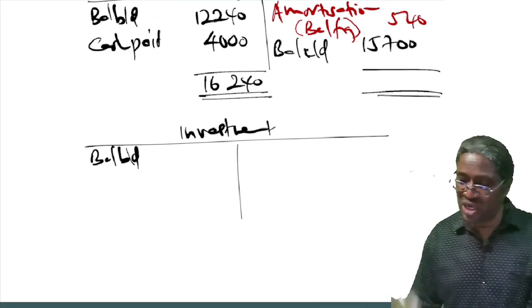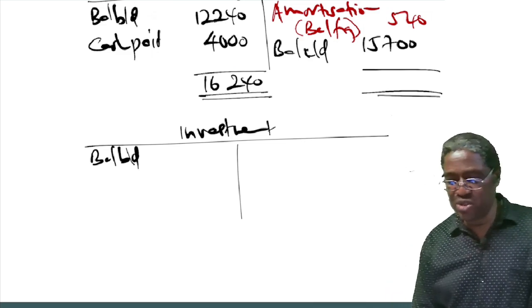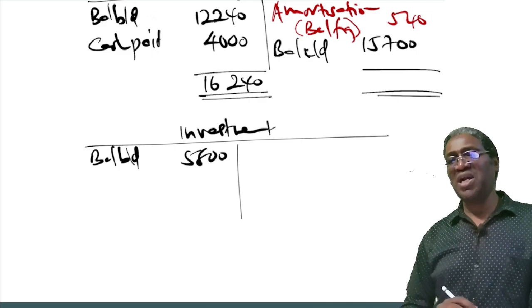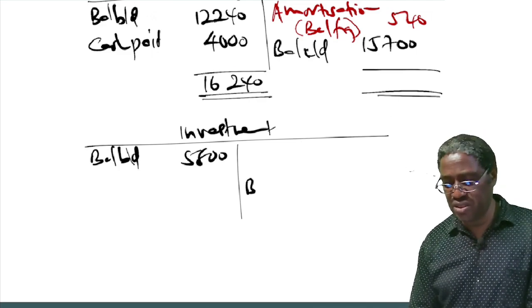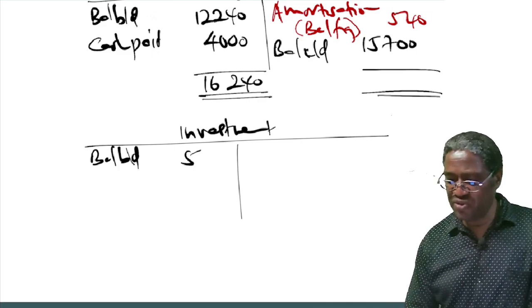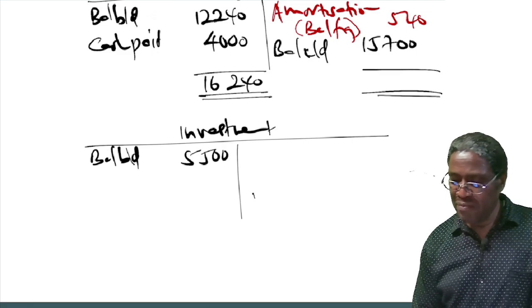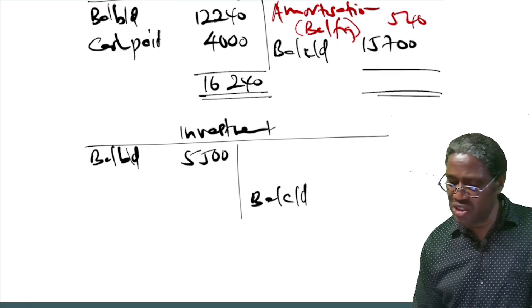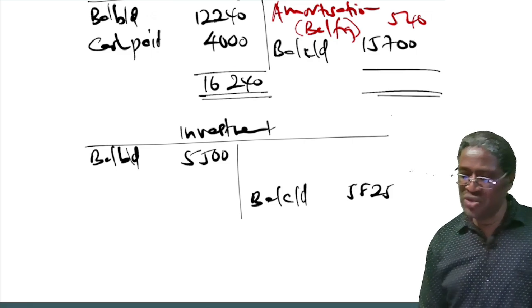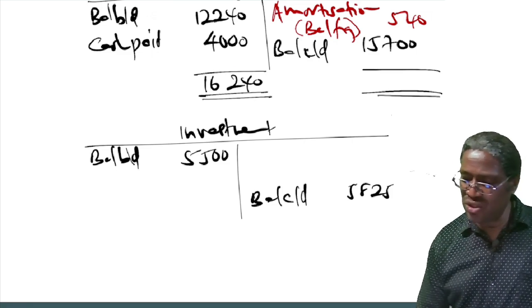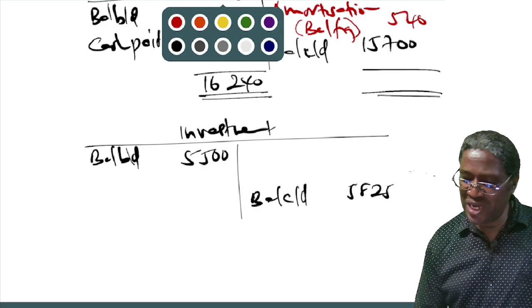Otherwise, for the sake of remembering, when you are revising, just put down the workings. Balance brought down 55, balance carried down is 58.25. So we are saying there is a gain which went to the P&L account.